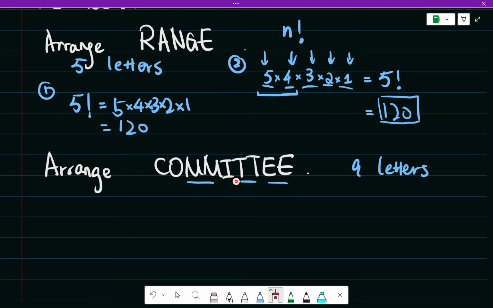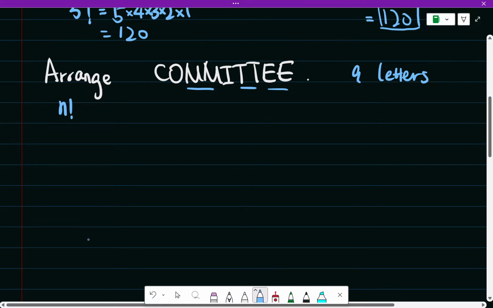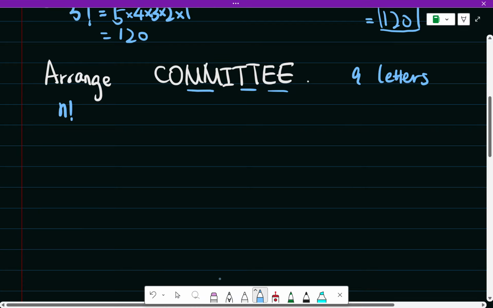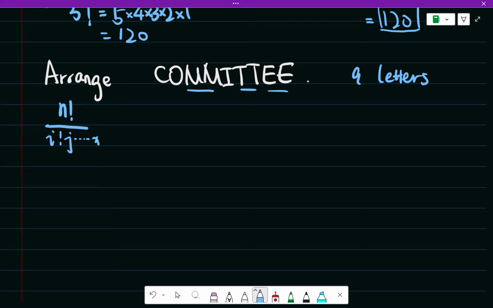So when we are permutating n items, and within these n items, we have some repeating items, we need to use the technique of reducing overcounting. How we do that is we divide by the factorial of each repeating item count as a denominator. So this would be the formula right here.